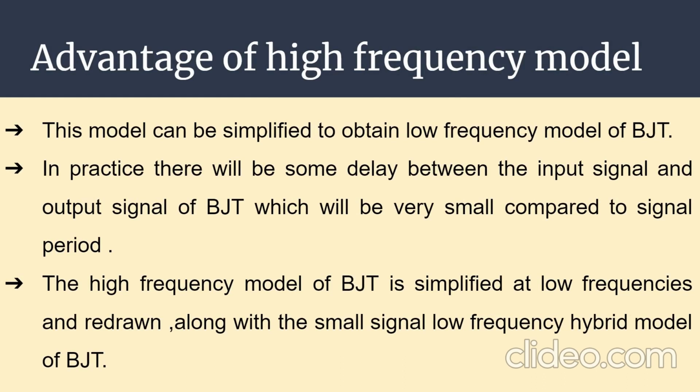In practice, there will be some delay between the input signal and the output signal of the BJT, which will be very small compared to the signal period. Signal period is nothing but 1 by the frequency of the input signal, and hence it can be neglected. The high frequency model of BJT is simplified at low frequencies, and it can also be redrawn along with the small signal low frequency hybrid model of BJT.